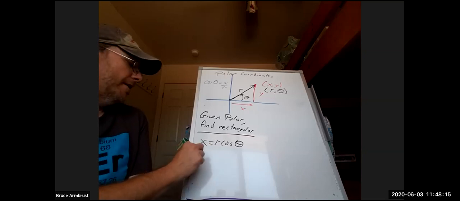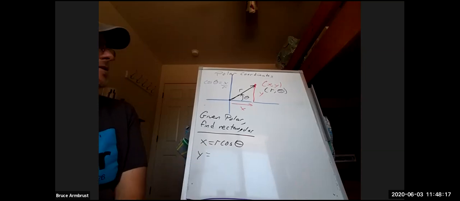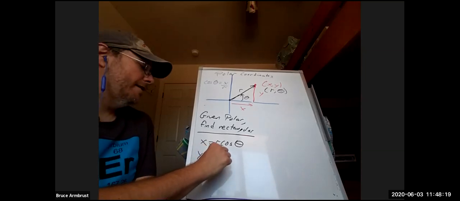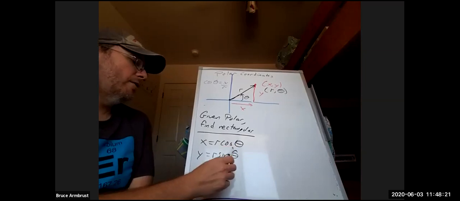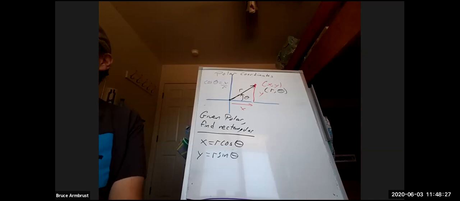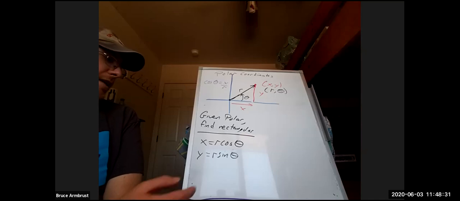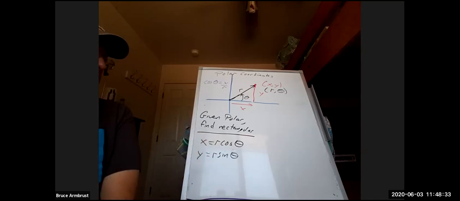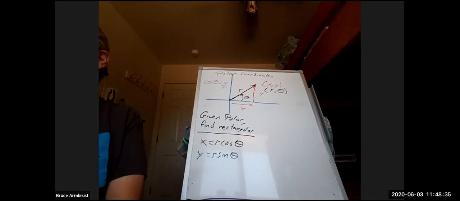So then similarly for y, instead of cosine, it's going to be sine, because the y-coordinate is the sine of the angle. So there are your conversions from polar to rectangular. Given a pair of polar points, you just put it into this and you'll get your rectangular versions.